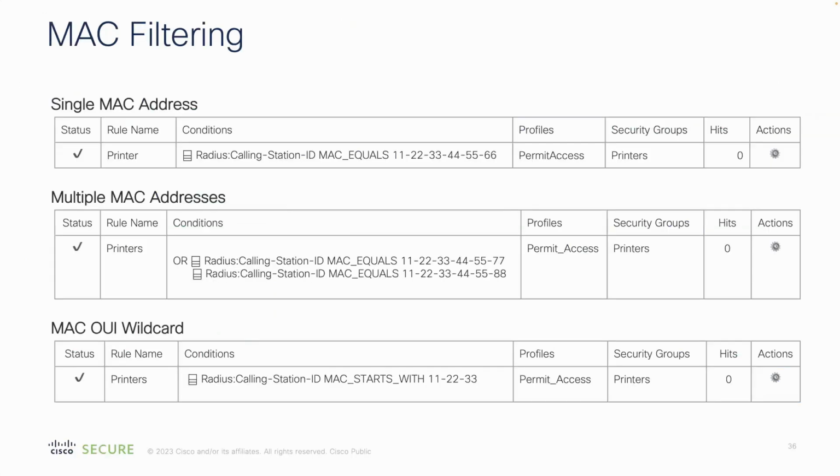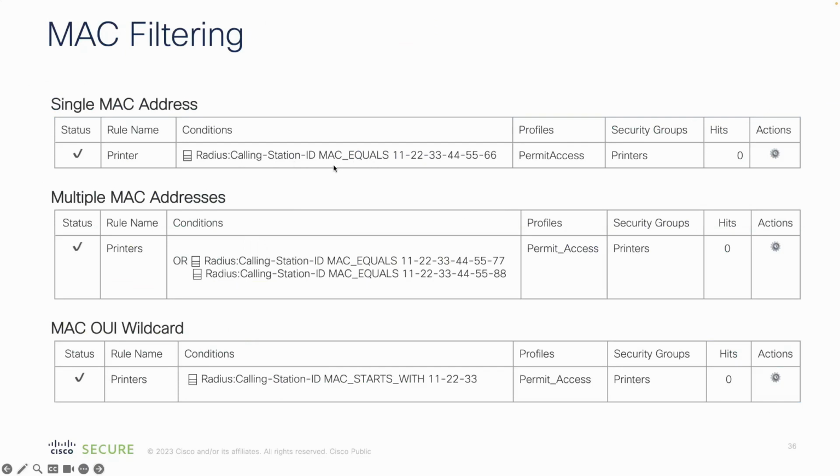I wanted to show you how that works in this context, where we also talk about MAC filtering. So this is kind of a quick representation. I'm going to show you what this looks like in ISE itself. But these are ways that we can match on the MAC addresses. Earlier I talked about that calling station ID in RADIUS, and there is a special operator for MAC addresses.